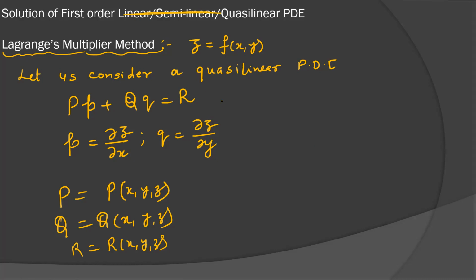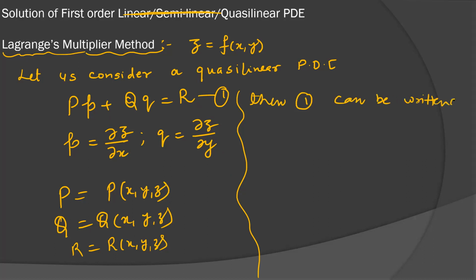So for solving this, Lagrange gave a method. He wrote this PDE in this form. Then, suppose this is equation 1, then 1 can be written as dx over capital P is equal to dy over capital Q is equal to dz over capital R. Then we will use the separation of variable method.